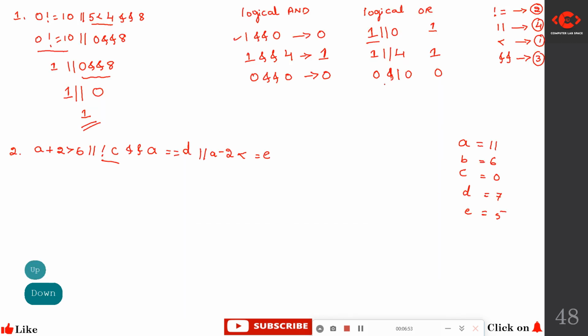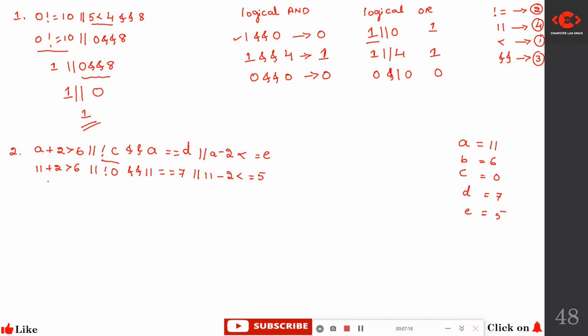So we will solve this expression now. First, you better substitute all the values. So 11 plus 2 greater than 6, or not C, that is not of 0, and 11 equals D, that is 7, or 11 minus 2 less than equals 5. So this is what we get after substitution.